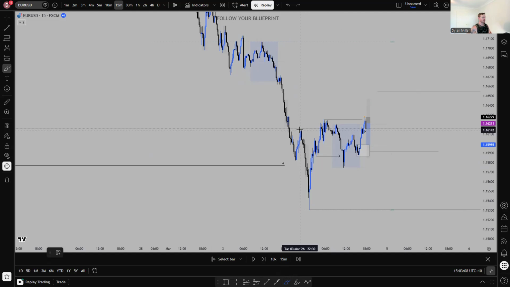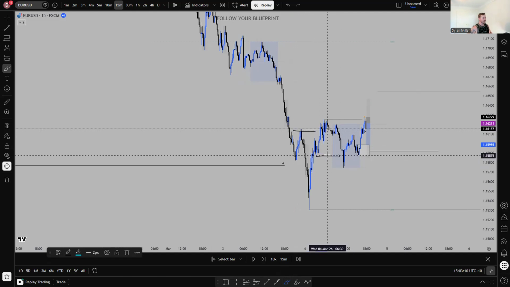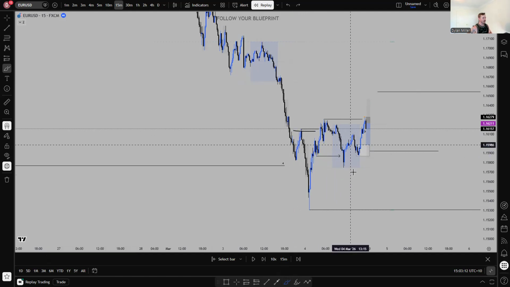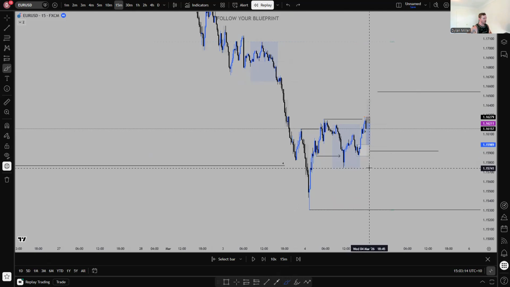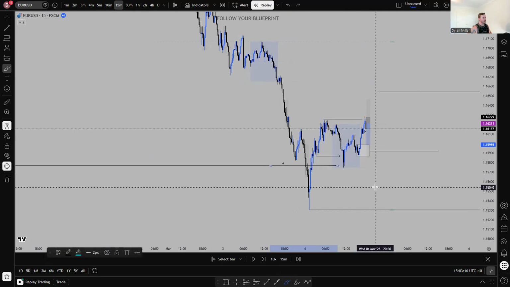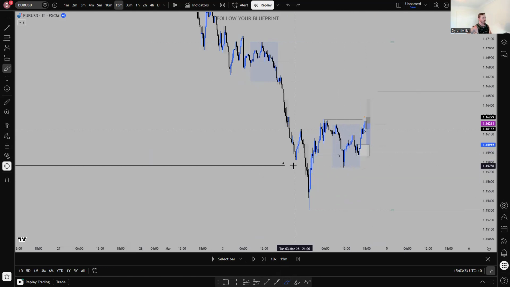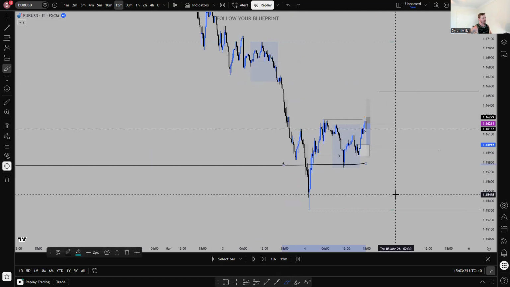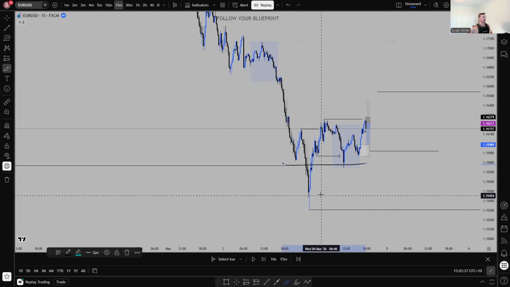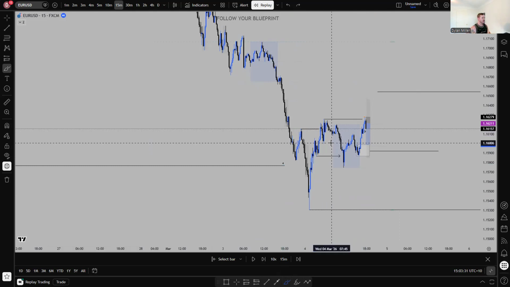So we've come up, we've broken this high here. This break to the downside, and the fact that the low pushed beyond the point of the break, allowed me to use this as a retest. When I'm using an internal retest, I really like to see the point come beyond the area of the break, so it comes back out of the range, not just sitting inside of it.